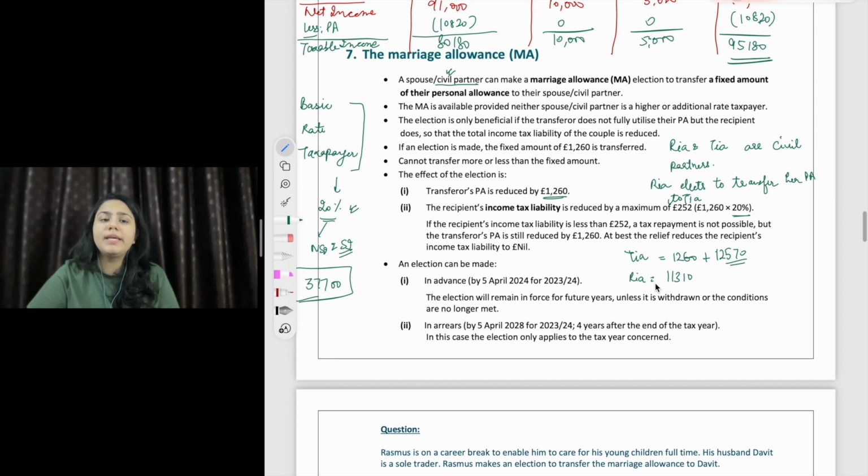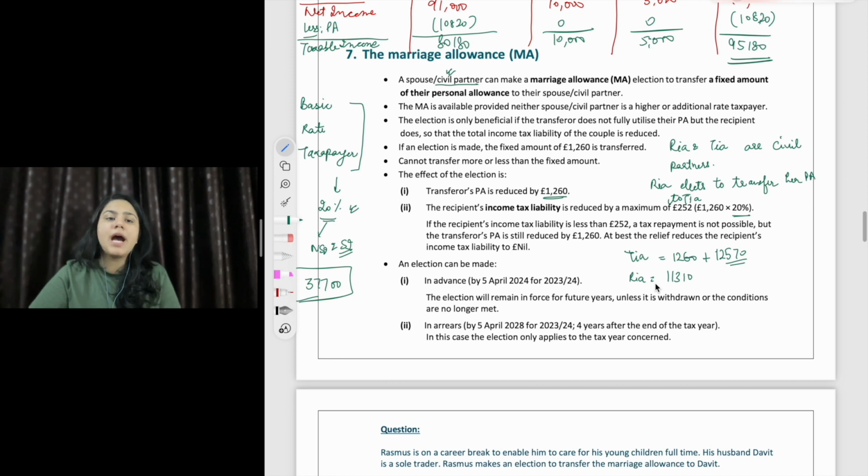Next is, if you are making an election in arrears, it means that you get to know after, let's say, 2 years that you should have transferred your personal allowance to your spouse to take advantage of that leftover personal allowance. And you get to know it after 2 years of filing the tax return for that particular year.